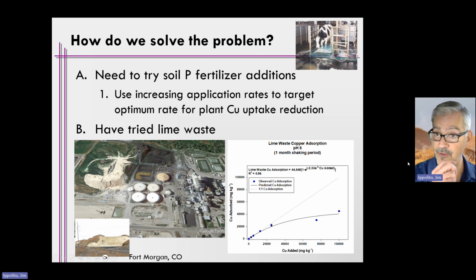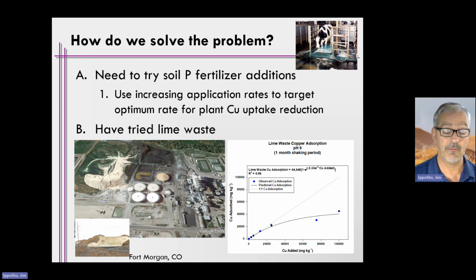So how do we solve this problem of the hoof bath waste being dumped into a waste lagoon and that waste lagoon water being used for irrigation? Well, first, you try to stop this from occurring in the first place. In the soils that are affected already, there's several things you could try.